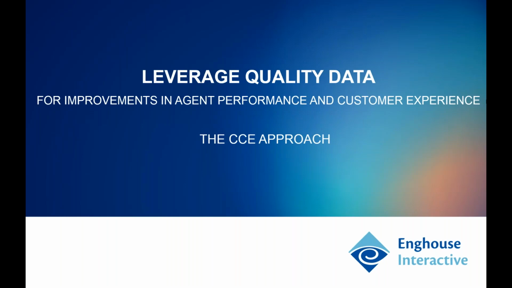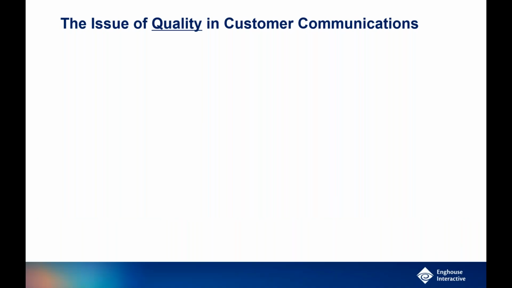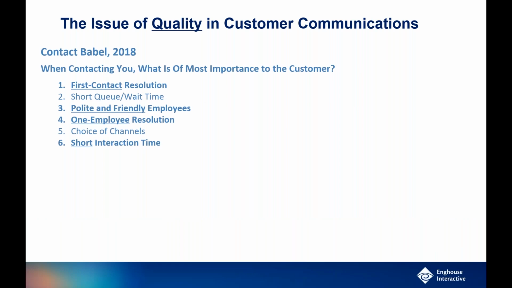So as we did with the other webinars, I'd like to start by putting things in a bit of a market perspective. Always love me some market stats. So we're tapping into a couple of key surveys that we have access to at Enghouse. One is a survey done by an organization called Contact Babel. This is a US-based survey where they survey a couple hundred contact centers of various kinds around the United States, spanning lots of different vertical markets and sizes of contact centers.